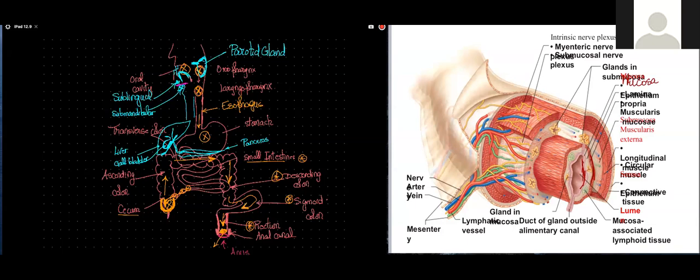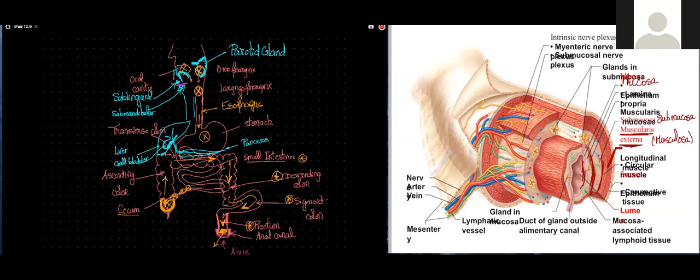Underneath the mucosa, we've got the submucosa. To the outside of the submucosa, you've got the muscle layers on here. This is my muscularis externa, or another name for it is musculosa.